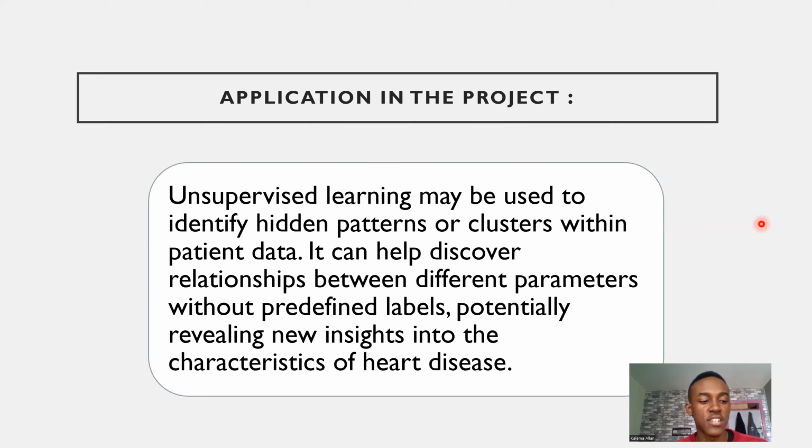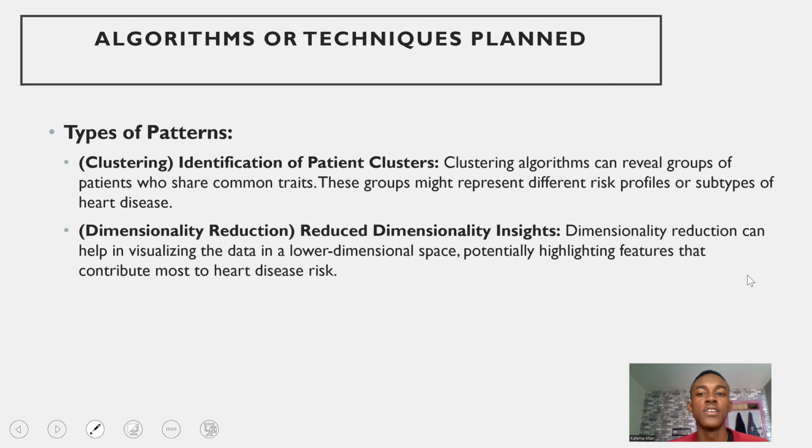Since you don't actually put labels on the different parameters or the different data of a patient, the machine itself will innovatively categorize this so that it can spot those slight things you might have missed in the labeling. Yes, I don't know if I can make it clear. So, algorithms to be used.